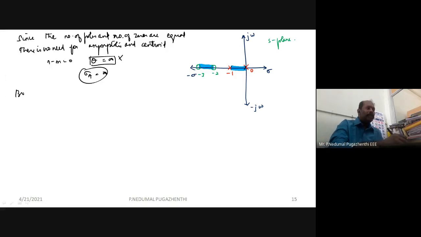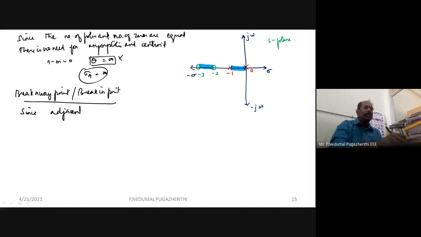Then we have to see whether you are able to get a breakaway point or a break-in point. Here in this problem, you will identify that you will get a breakaway and a break-in because you have adjacent poles, so there is a possibility of a breakaway point.